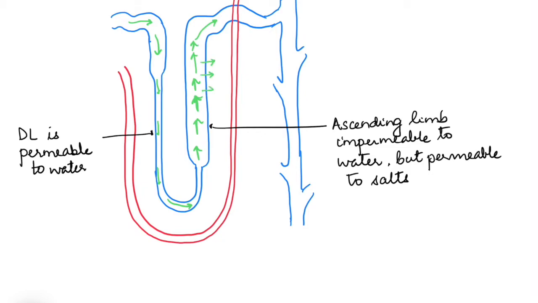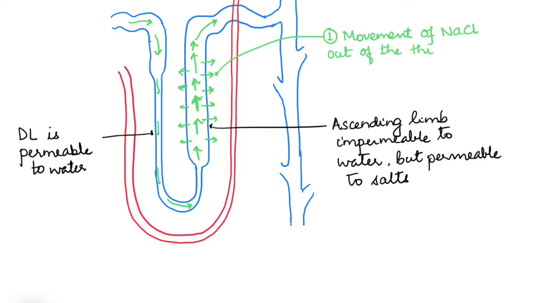Now here, as the filtrate is moving up to the DCT, sodium and chloride, that is NaCl, is pushed out of this filtrate by active transport. So they are actively transported out of the filtrate into the medullary region.